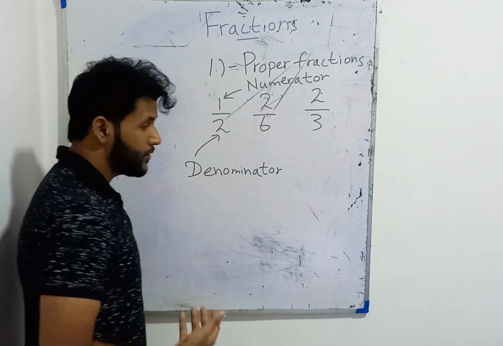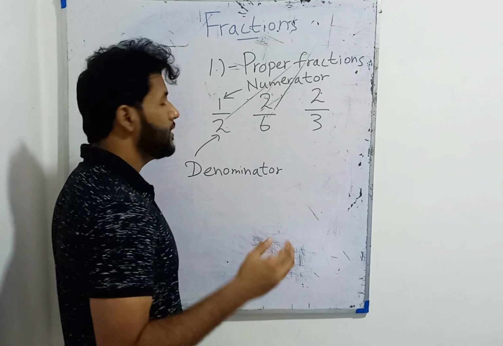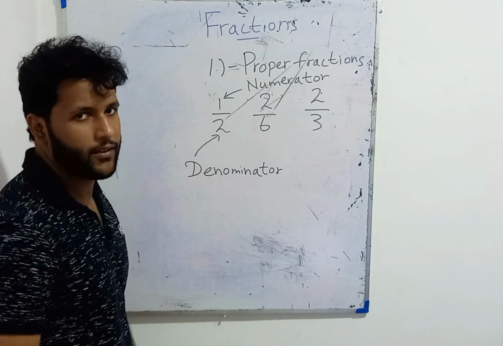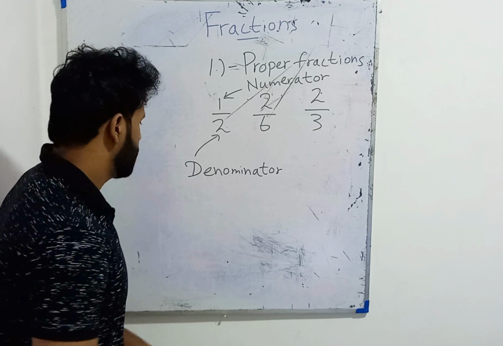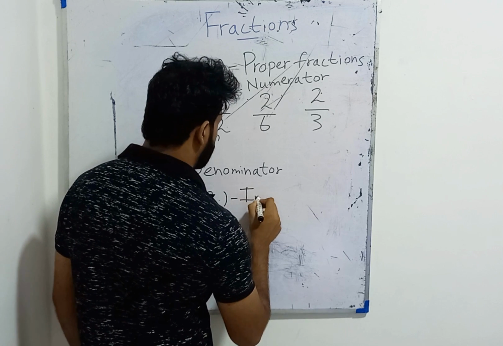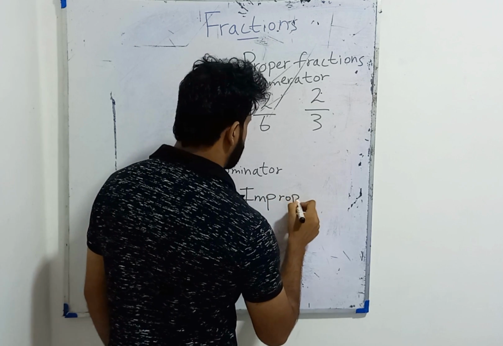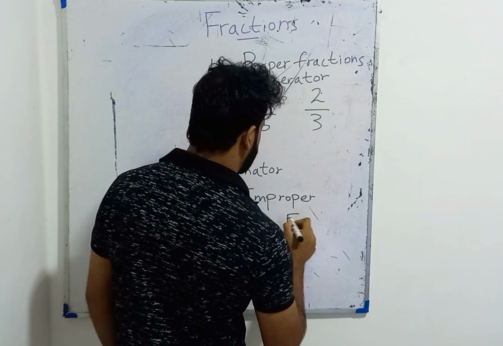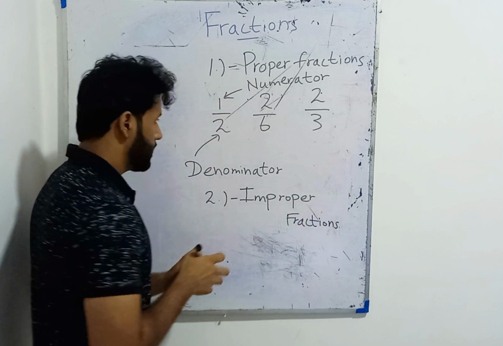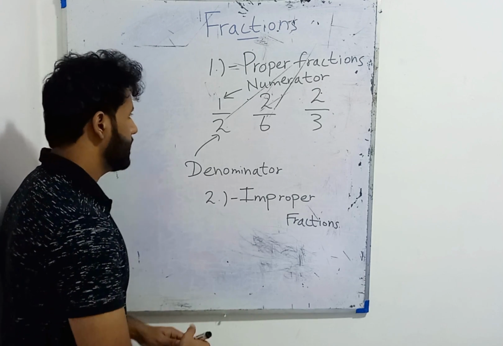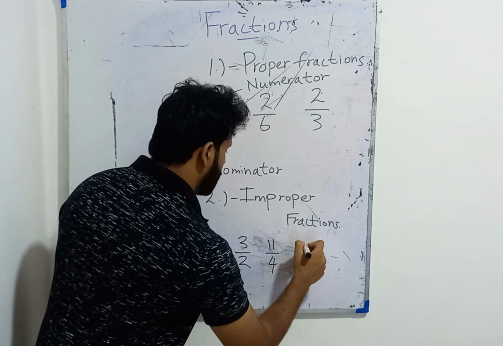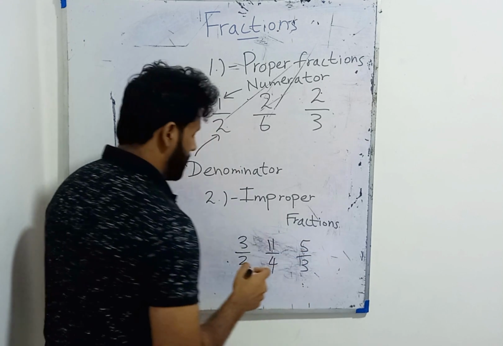Then if the opposite happens, we call those improper fractions, the converse of proper fractions. Let's take 3 over 2, 11 over 4, 5 over 3.